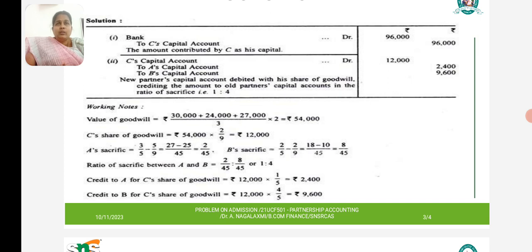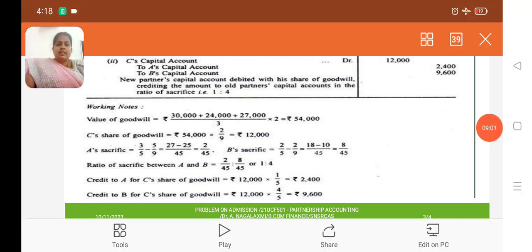This 12,000 is debited from C's capital account as goodwill and it will be credited to the sacrificing partners, A's capital account and B's capital account, in the sacrificing ratio 1 is to 4. 12,000 into 1 by 5, 12,000 into 4 by 5. So we got 2,400 rupees and 9,600 rupees as A's share of goodwill and B's share of goodwill.